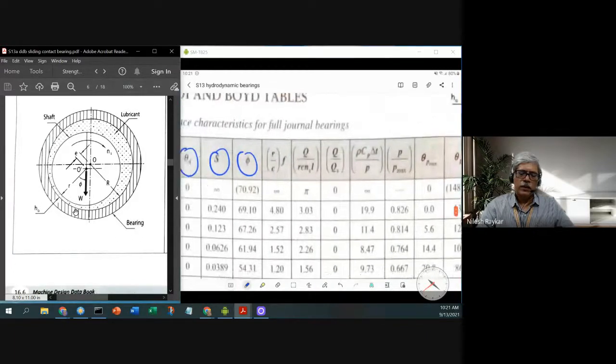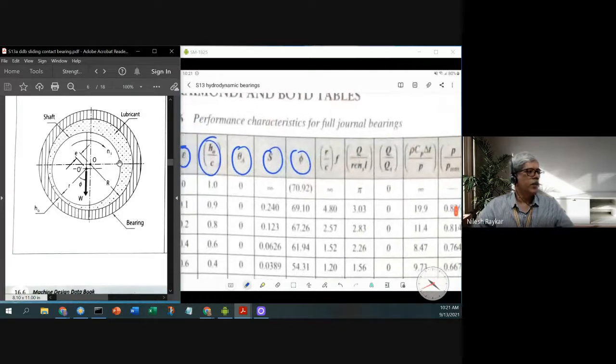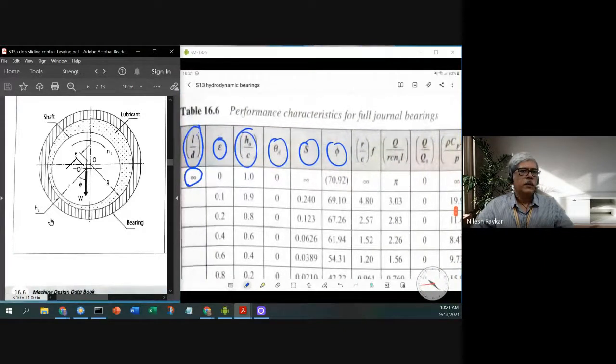The H naught here is the minimum film thickness. As we know, in the wedge, the film thickness varies. At one point, the film thickness is minimal, and that is called H naught. H naught divided by the radial clearance between shaft and sleeve is the second column that we are discussing here. The first column was the eccentricity ratio. The second is H naught by C.